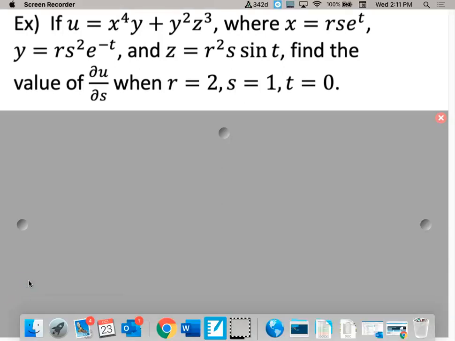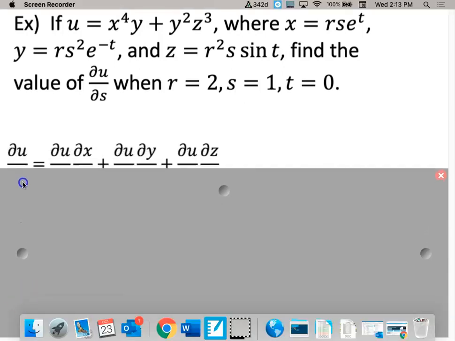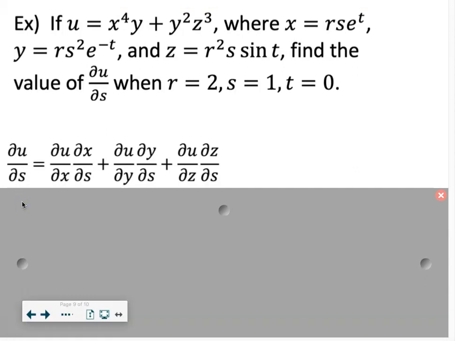All right, so I personally like to write out my generic formula first, so I know what I need to go for. So remember, I want partial u, partial s.